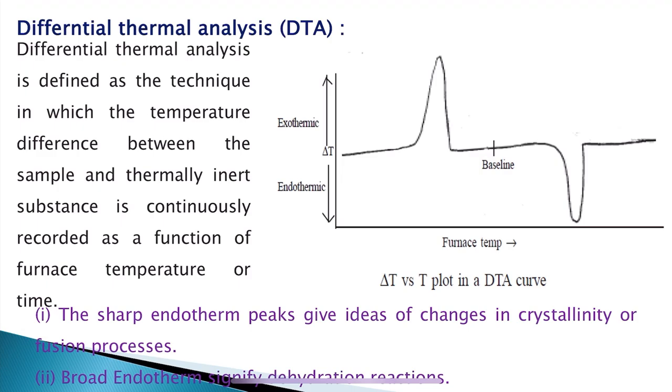So this was discussed, and also we saw the instrumentation, what all the components are in the thermogravimetric analysis instrument, that is the balance, furnace, temperature programmer or controller, and recorder. These are the main components which we saw.